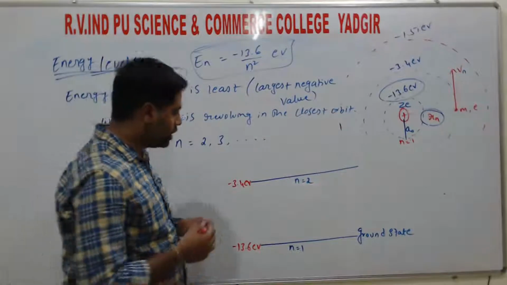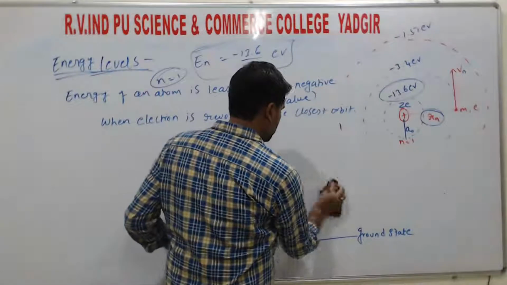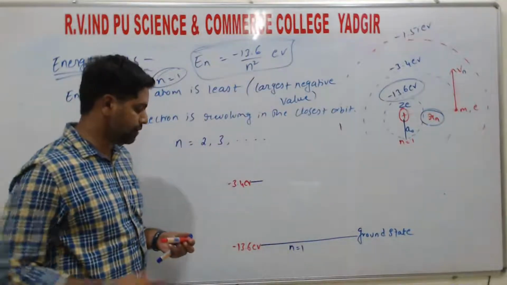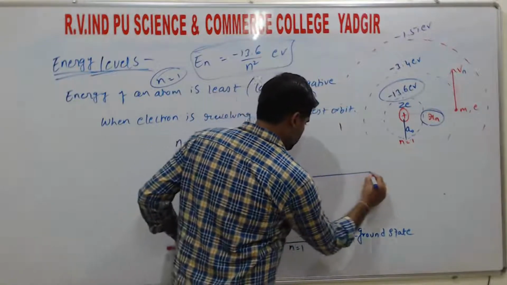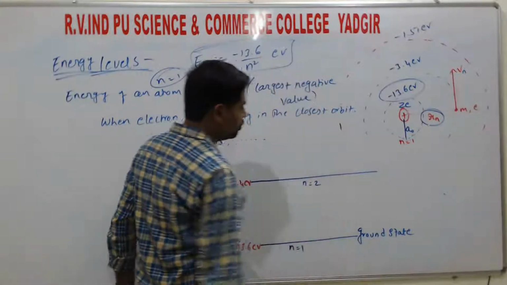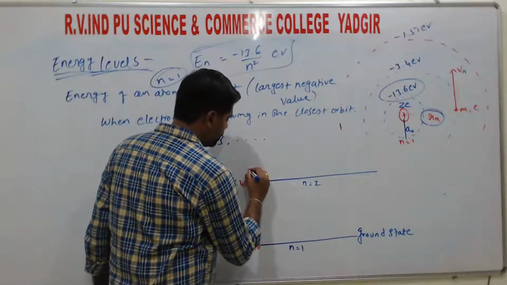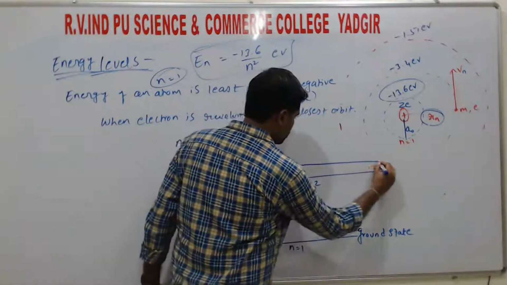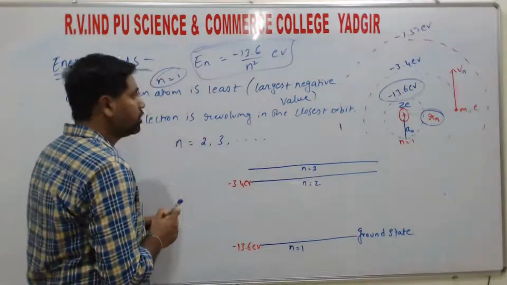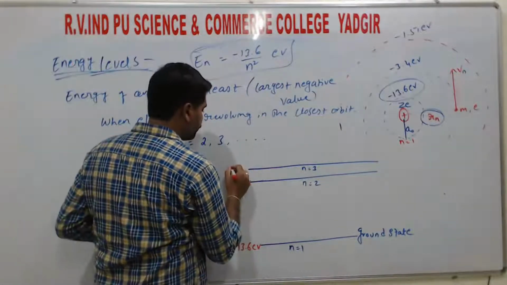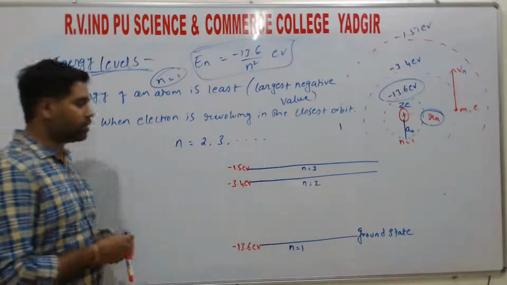So this is for n equals 2. Next for n equals 3, the value is minus 1.5 electron volt, right?